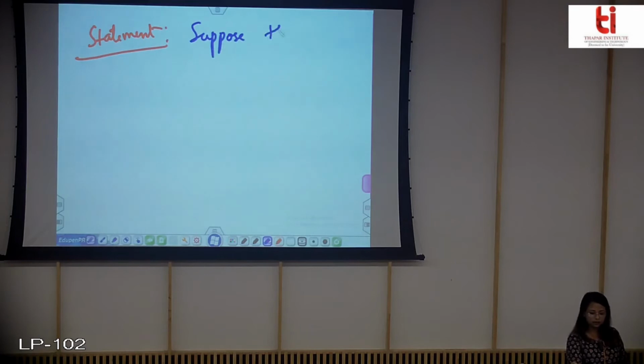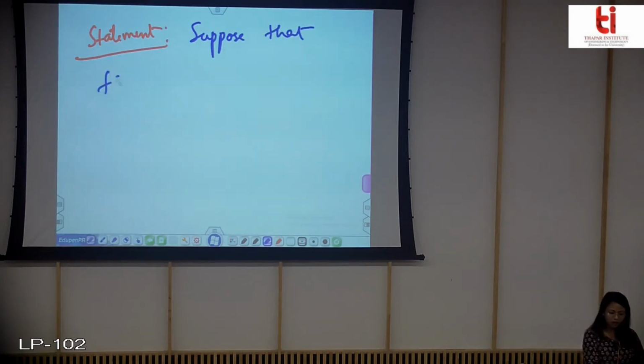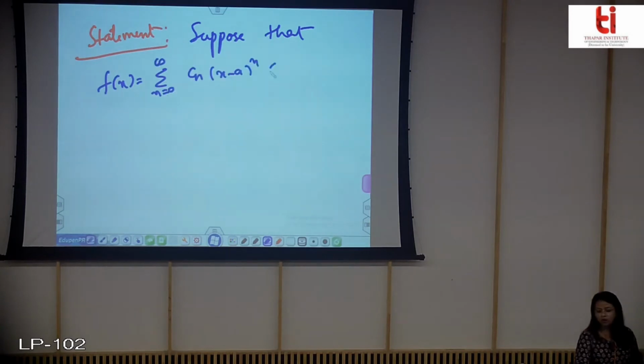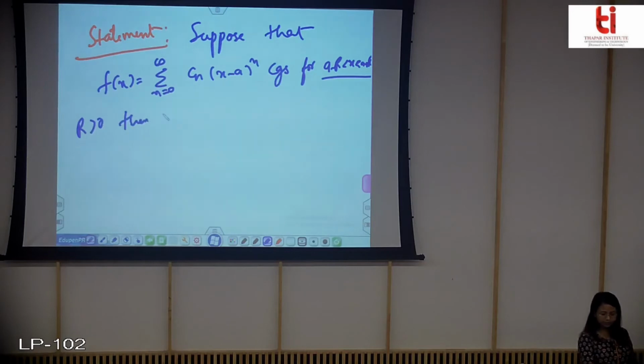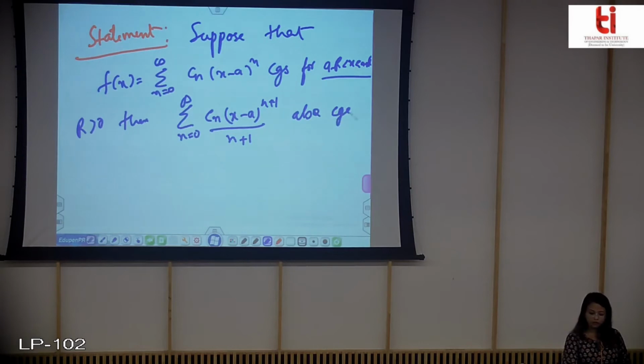So I'll write, suppose that you have a series, this is your original series. Now this converges for this interval, for r greater than 0. Then this series also converges for the same interval as the original series.